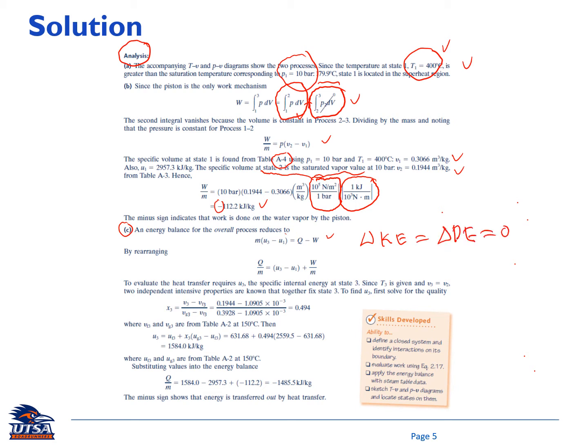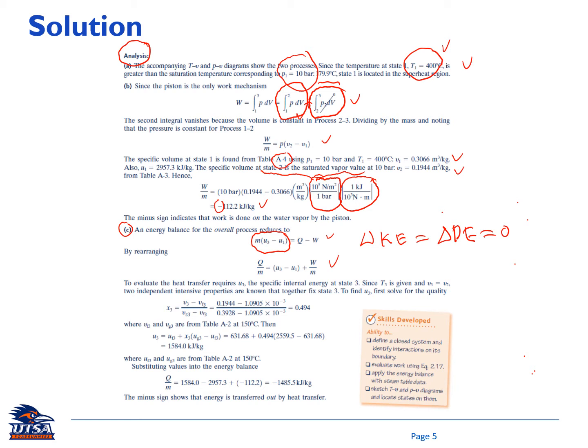Therefore you only have the change of the internal energy. So delta U equal to Q minus W, so Q equal to delta U plus W, and then you divide each term by the mass, M. So you have Q divided by M equal to U3 minus U2 plus W divided by M.